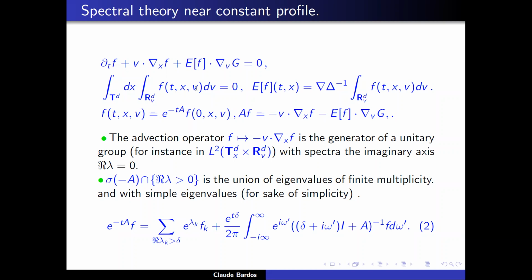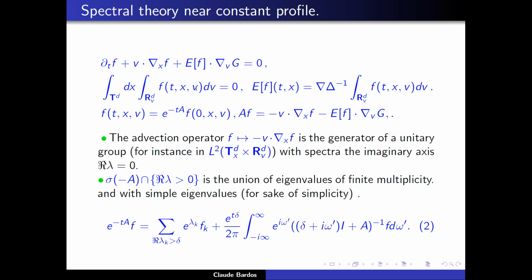Now you write that as a semigroup. It will be a group, but since I am considering positive time, it achieves the semigroup aspect, so the exponential tA, where A(f) is minus v grad_x f minus E(f) grad g.